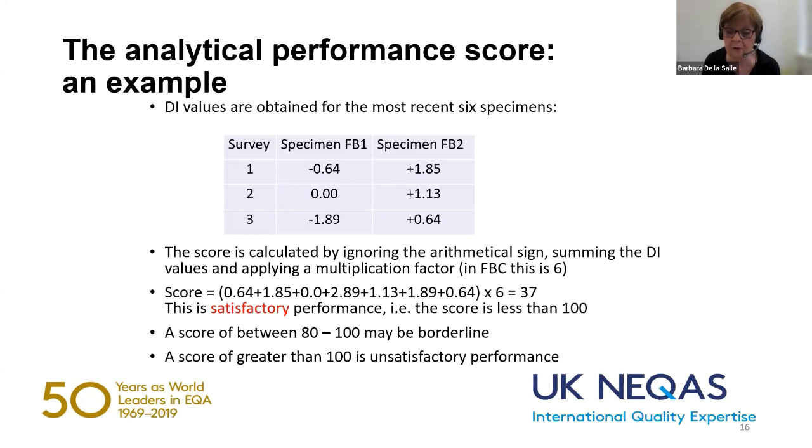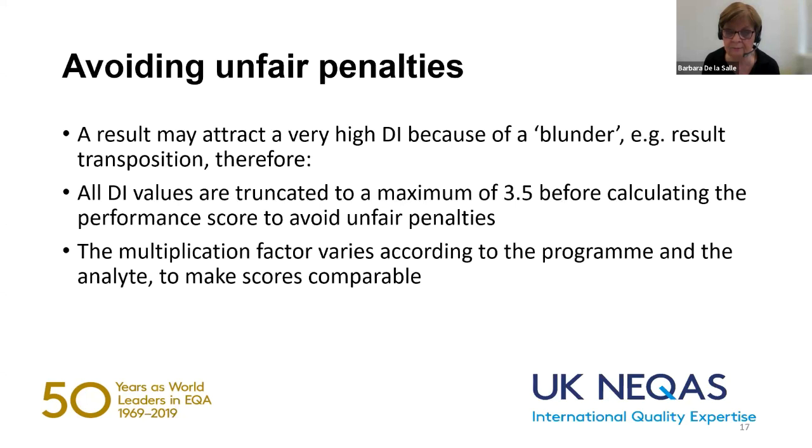For most of our programs, although not all, this multiplication factor is 6. That multiplication factor applies a sensitivity factor to the scores, so that a score above 100 is indicative of a problem perhaps in the assay. A score of 80 to 100 is maybe borderline, and greater than 100 is unsatisfactory.